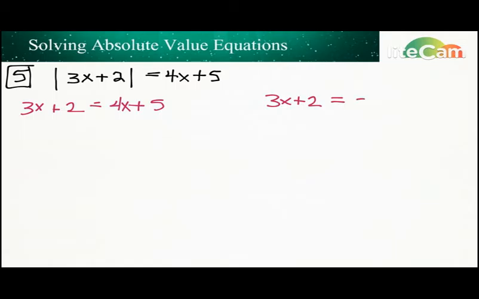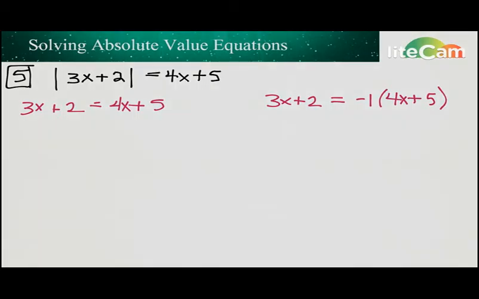Now, this one has to be the negative side, right? Okay, because I know something inside of the absolute value, 3x + 2, can be negative. So I'm going to put a negative in front of the 4x + 5 because the whole thing can be negative. All right, so let's do this.